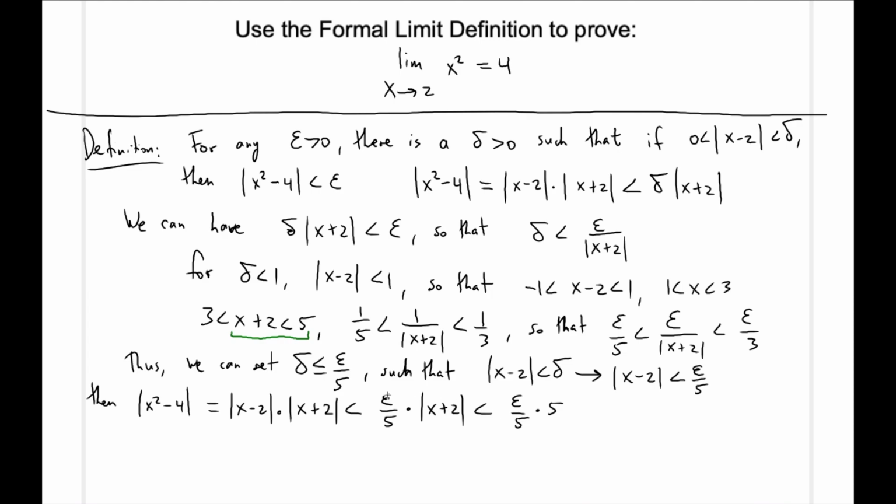So naturally, if you multiply epsilon over 5 by the absolute value of x plus 2, it must be less than epsilon over 5 multiplied by 5 to hold up this inequality. That cancels out the fifths, and it makes sure that we get epsilon in the end. So we've satisfied starting from the absolute value of x squared minus 4, less than sign, and then epsilon right there.